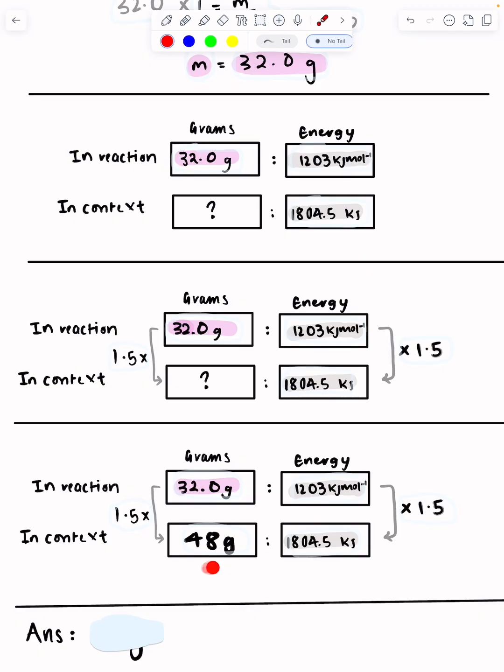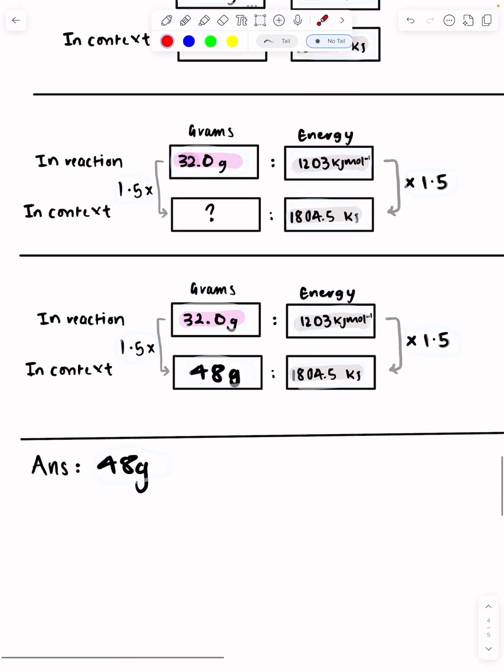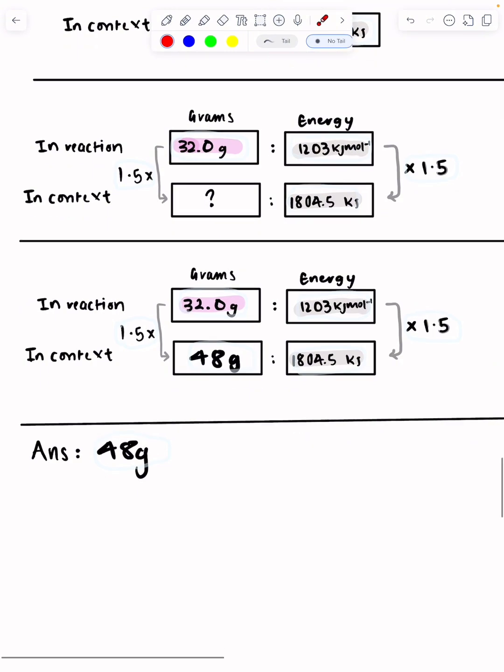By doing this method, I know that if 32 grams releases this much energy, I will need 48 grams of O2 to release that much energy. So this is the answer: 48 grams is necessary to produce that much energy.